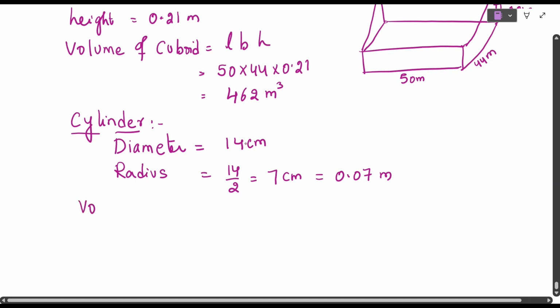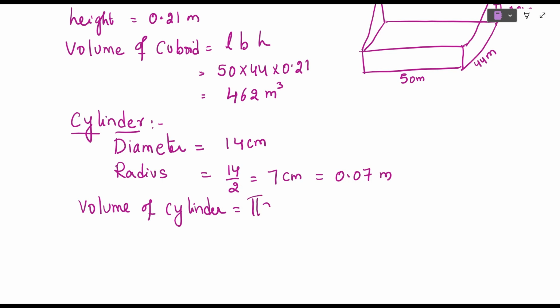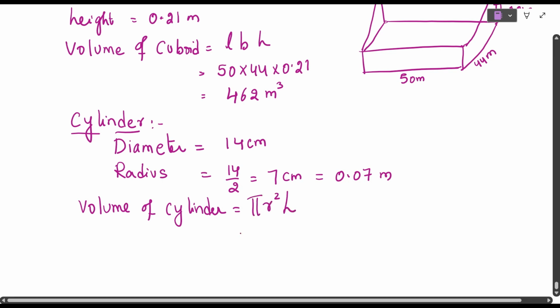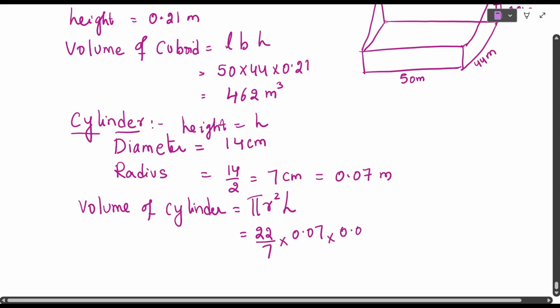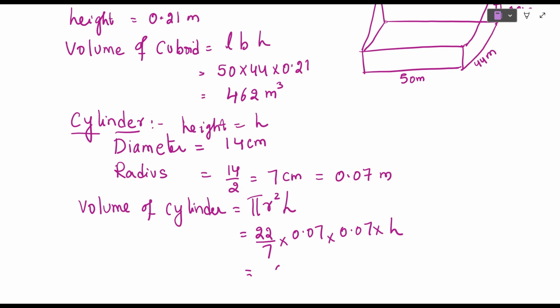Now find the volume of the cylinder. What is the formula for the volume of a cylinder, students? You have to learn all the formulas. Pi r square h. We know the radius, we don't know the height. Let us take the height of the cylinder as h. So pi is 22 by 7 into 0.07 into 0.07 into h.